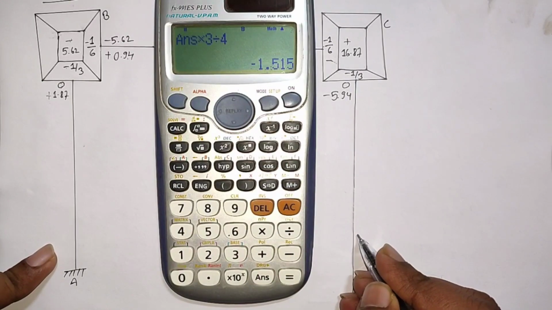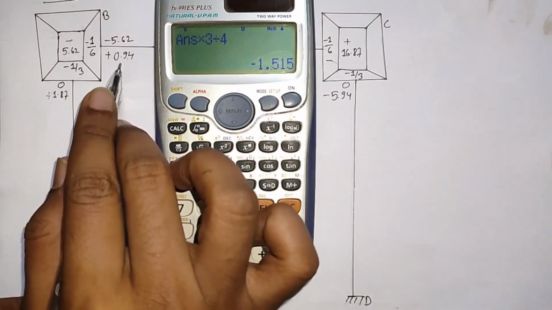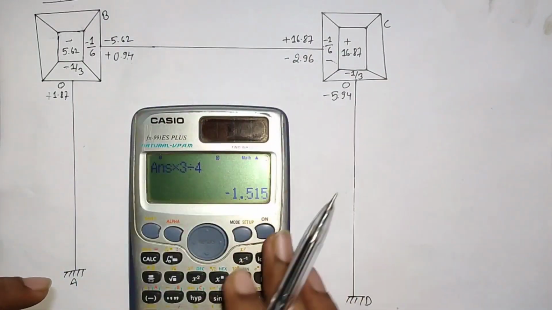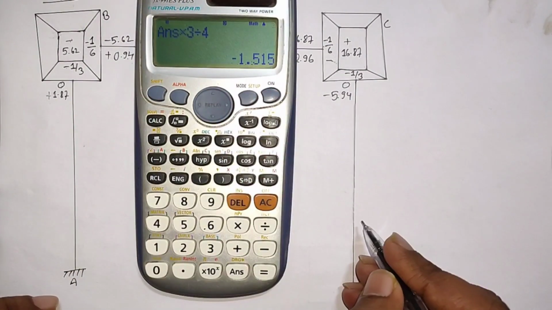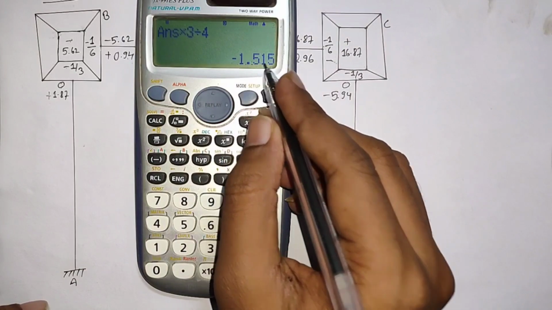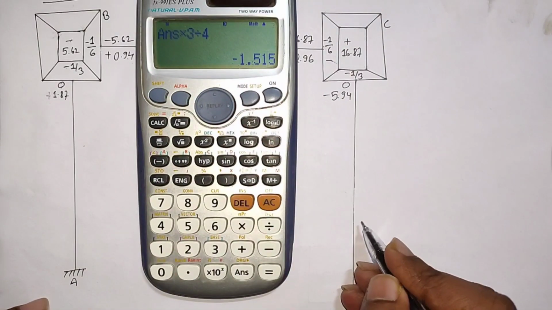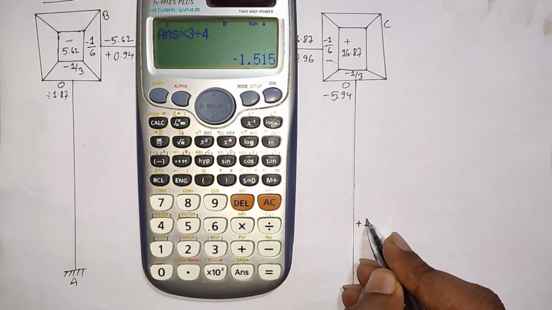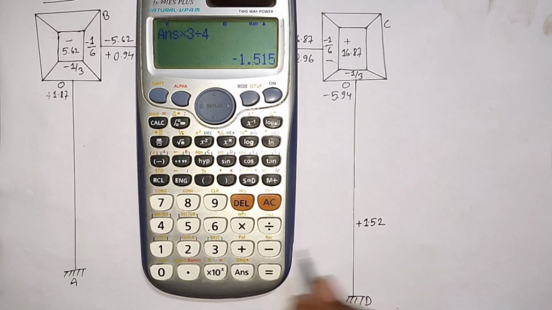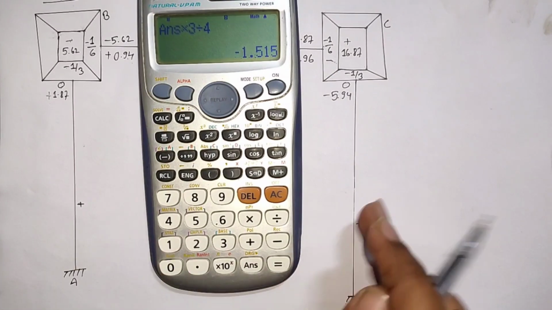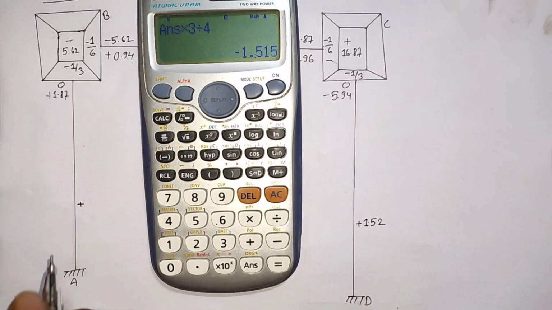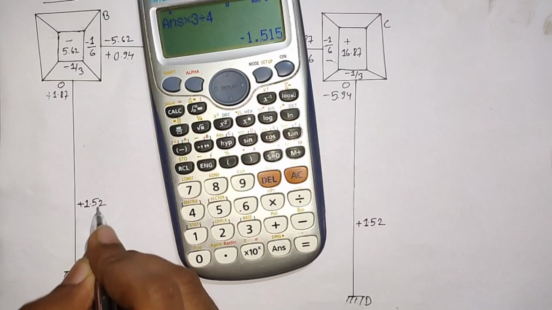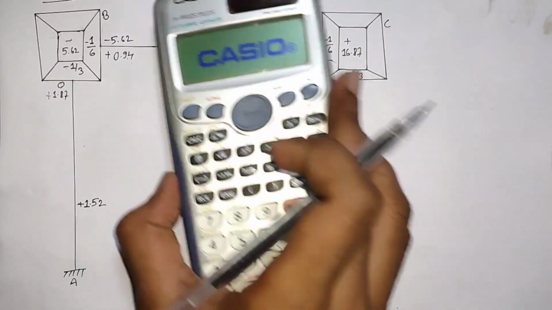We have multiplied the difference of these two numbers with the displacement factor, and we get 1.515, which can be written as 1.52. So positive 1.52. Here also the same value, because the factors on both the vertical members are the same, so it will again become 1.52.